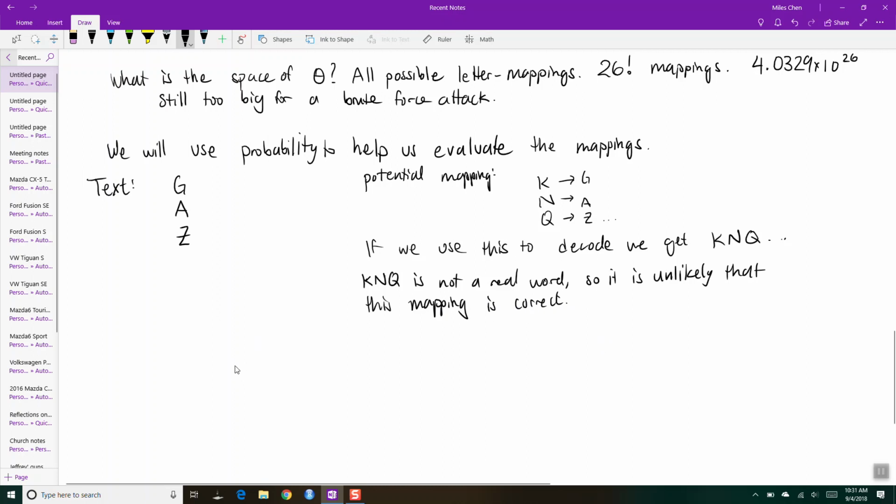Okay, but another mapping, maybe with GAZ gets mapped to, I don't know, HIT, okay, just 3 other letters, right? So this seems a lot more likely.